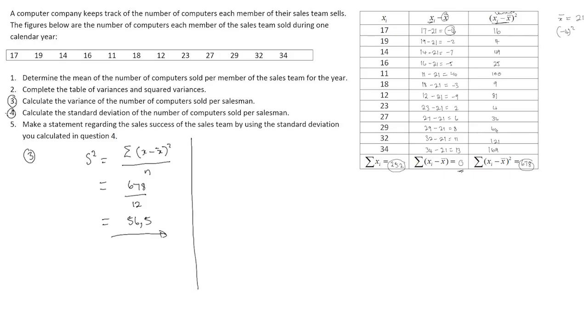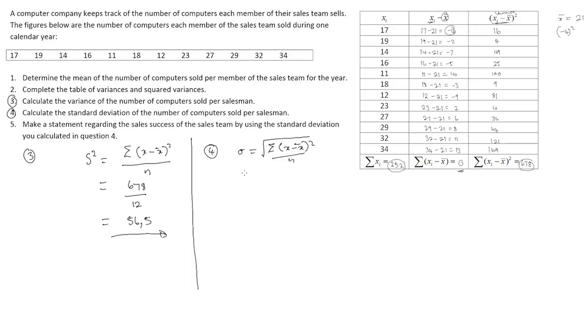With question number 4, here we have to calculate the standard deviation of the number of computers sold per salesman. Once again, just like the previous question, we are going to write down the formula, and the formula for that is the standard deviation is equal to just the square root of the variance, which will be the sum of variance over n, and the square root of that.